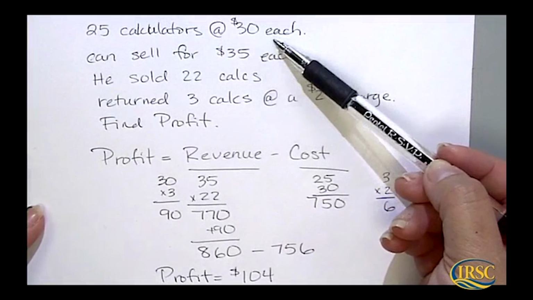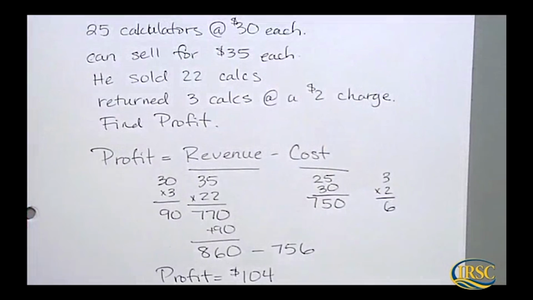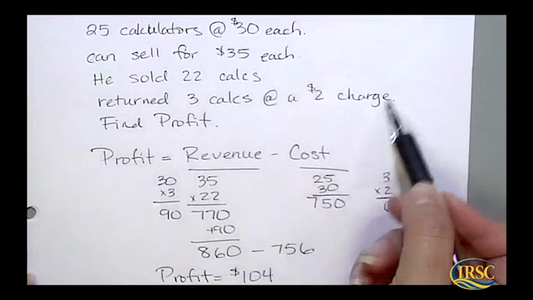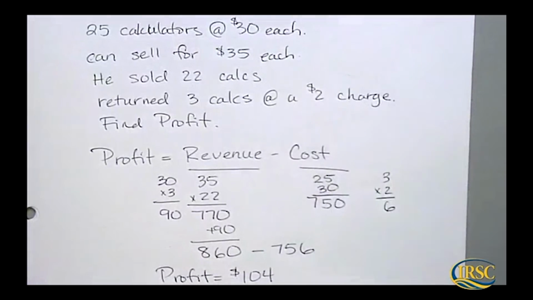You say, okay, 35 minus what I paid for it, 30, is $5. So I get $5 profit for those 22 calculators, and then you'd have to subtract the charge that you have to spend to send back those calculators. That would also get you $104.